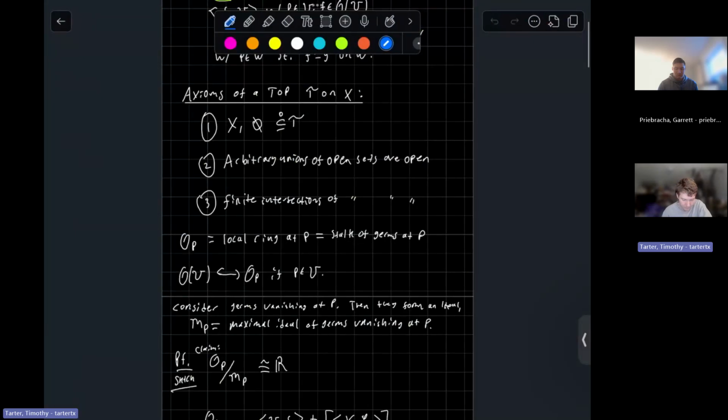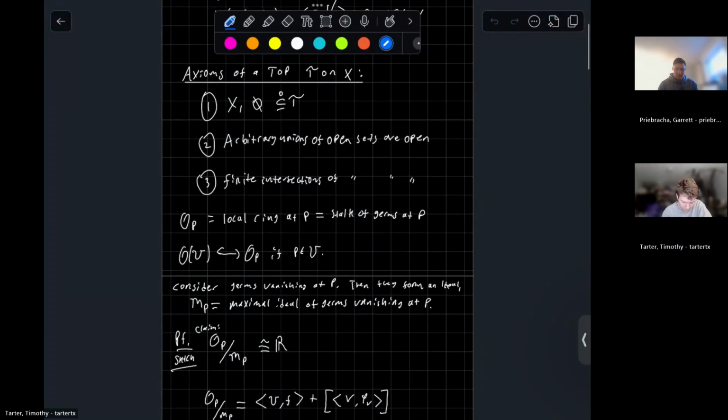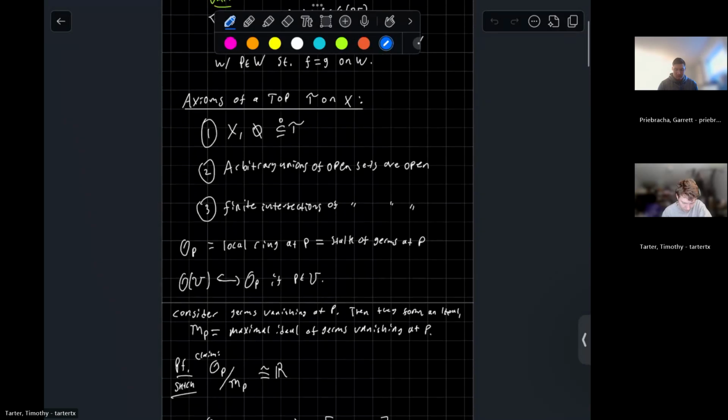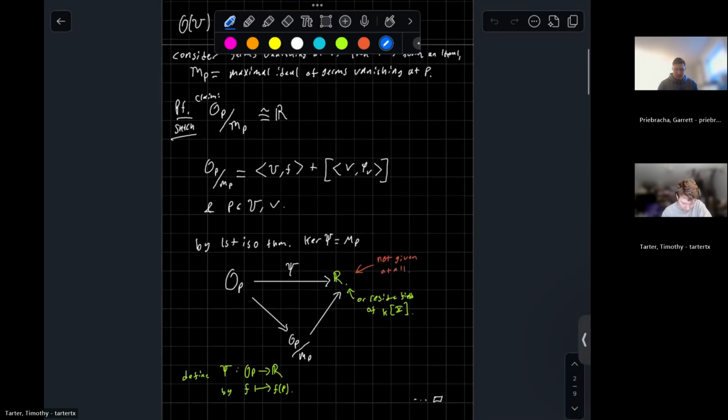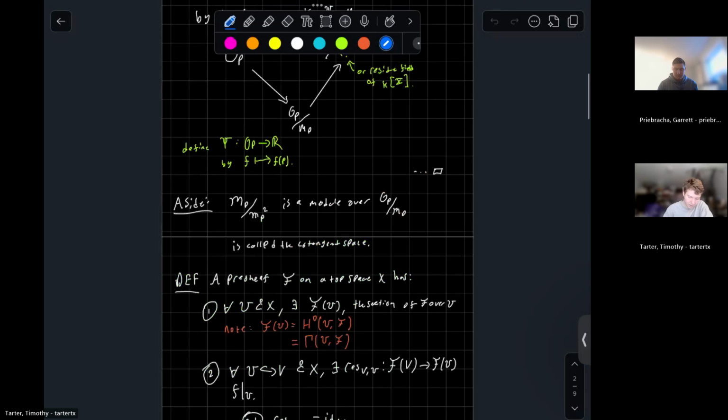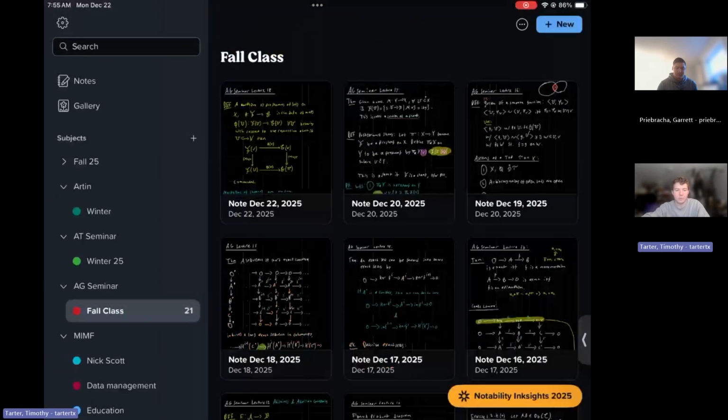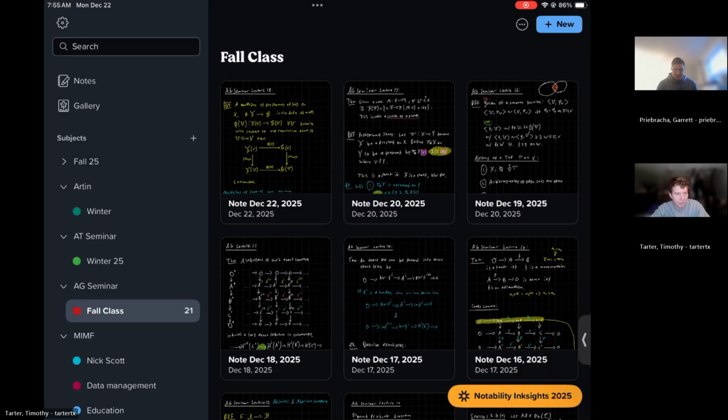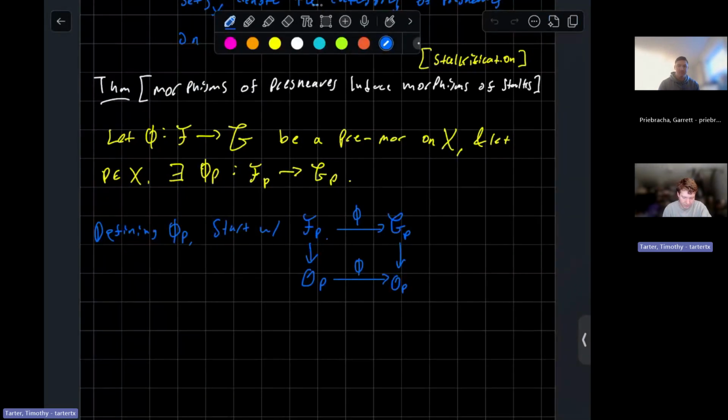I'm just curious, is a stalk always a stalk of germs of functions? Let me Google this. Is a stalk of a sheaf always a local ring? Yeah, because it's a locally ringed space. Understood.